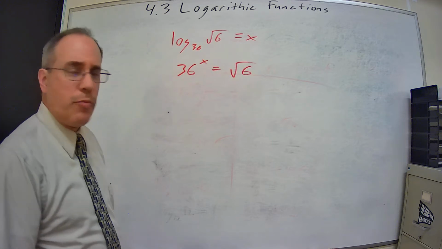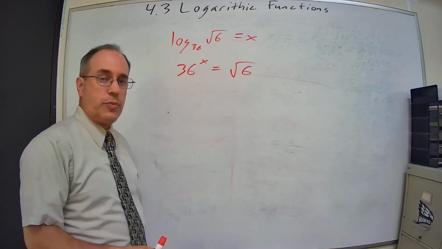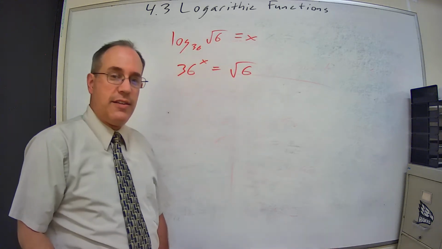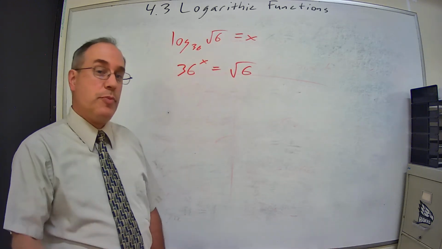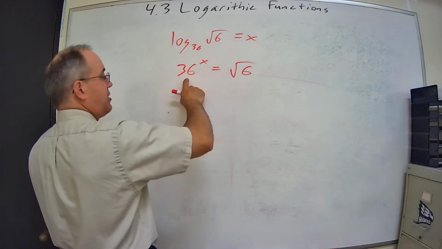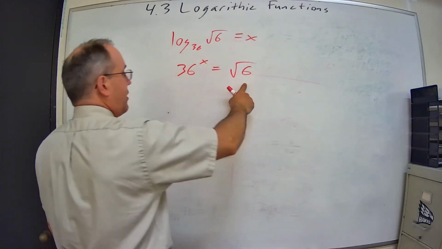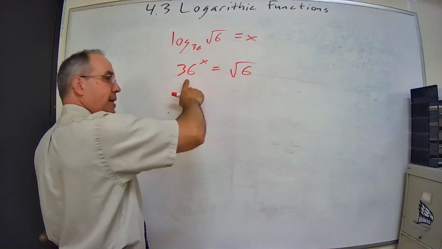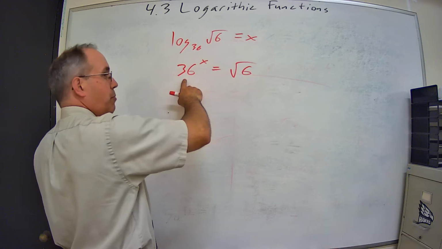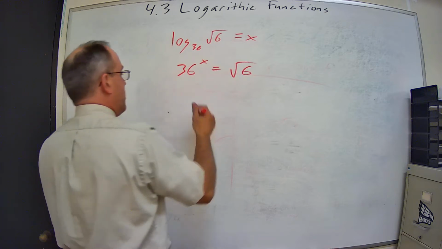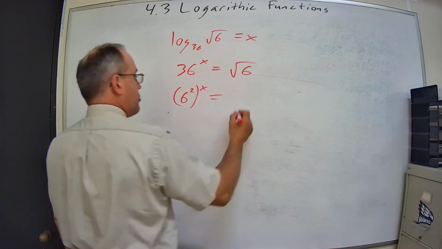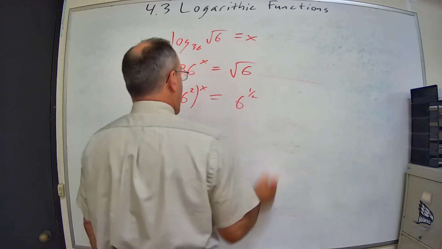Well, I don't know if that helps you much, but if you remember what we did with exponentials, we said if we can get the same base, then the exponents must be equal to each other. So I see 36, I see 6, and I go, wait a second. I can write 36 as an exponential with a base of 6. I can say that 6 squared to the x is equal to 6 to the 1/2.